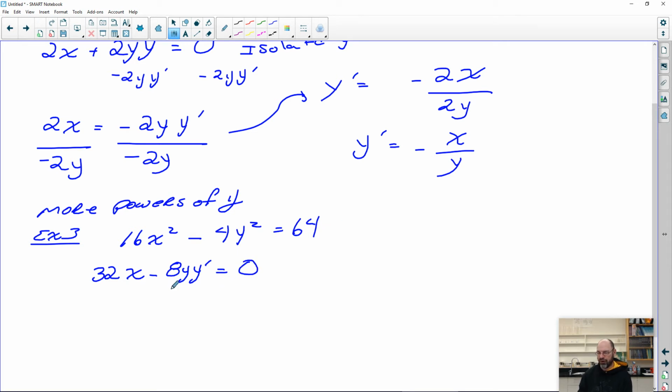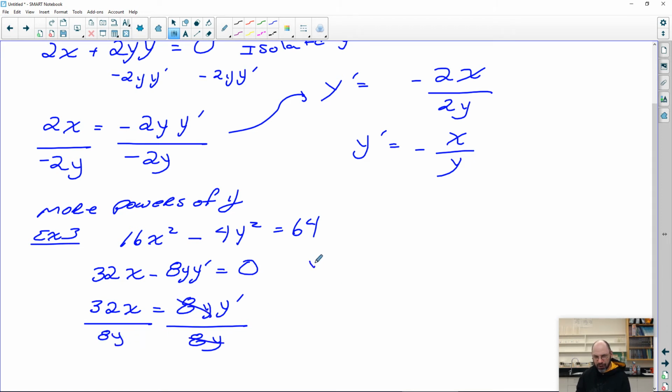There's no variable with it. Okay, so we have to isolate this. So let's move the negative 8y y prime to the other side. 32x equals 8y y prime. Divide 8y out. Okay, and we have our y prime.